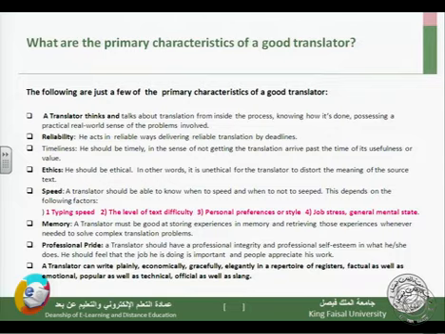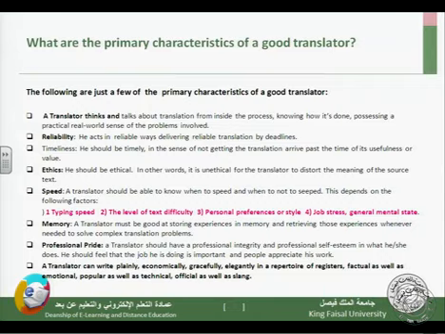In other words, he acts in reliable ways, delivering reliable translation by deadlines. When you open your translation company and say to a client, come tomorrow to get your text translated, you have to live up to his expectations. So you need to be reliable. This is very important.